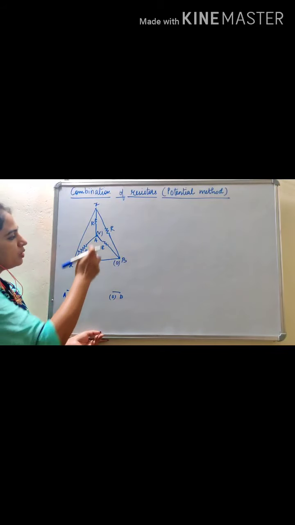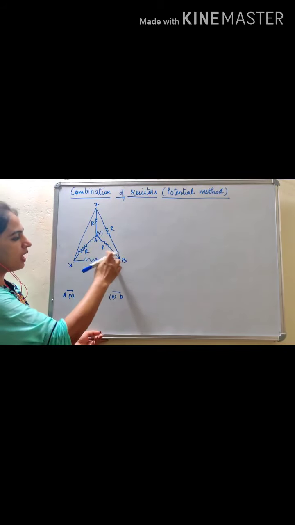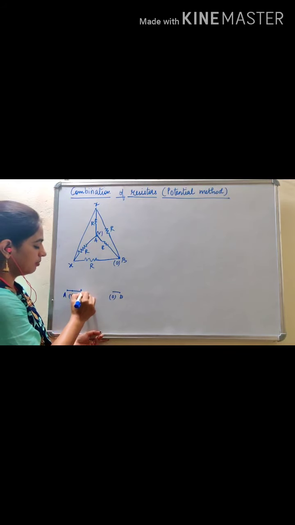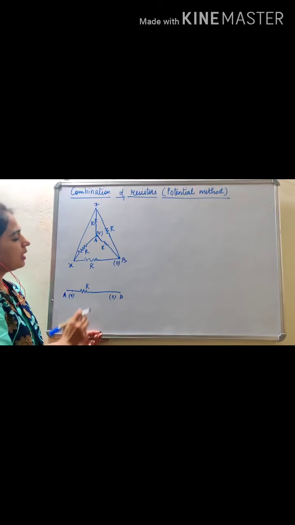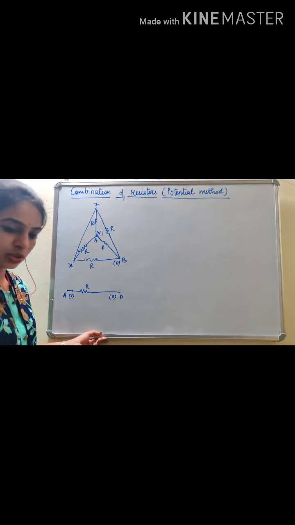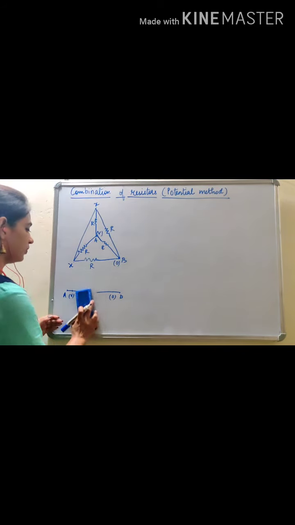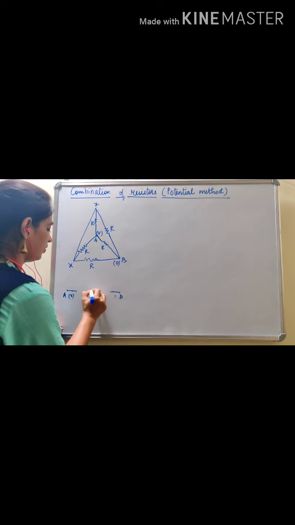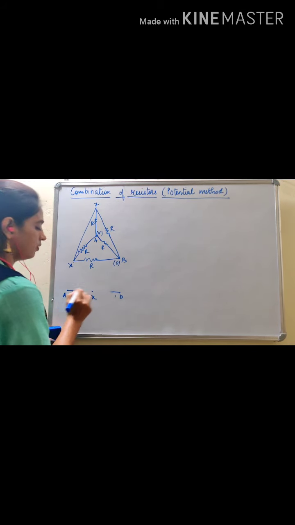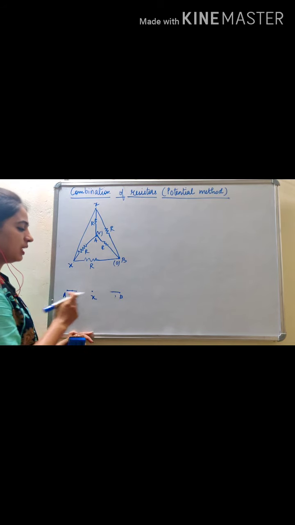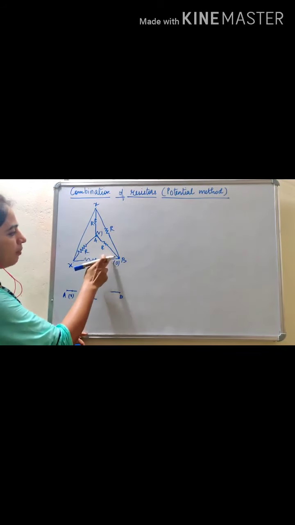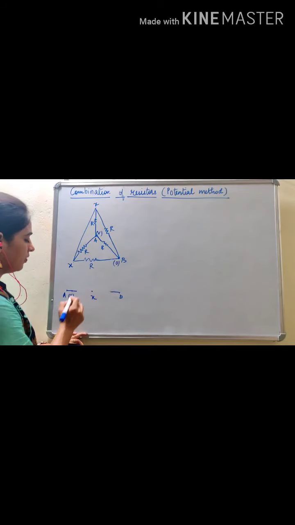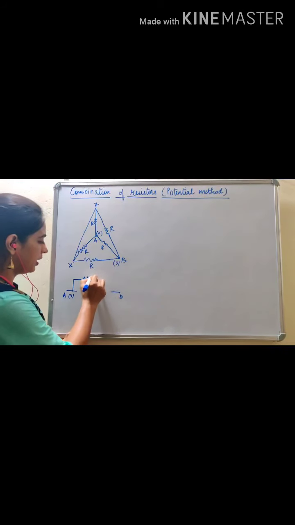So between V and 0 we have just one resistance R. Then we have one resistance in between A and X also. So that we have to draw. Sorry, first mark all the potential points A, B and X. So between A and B, that is between V and 0, we have one resistance R. So we can draw like this.